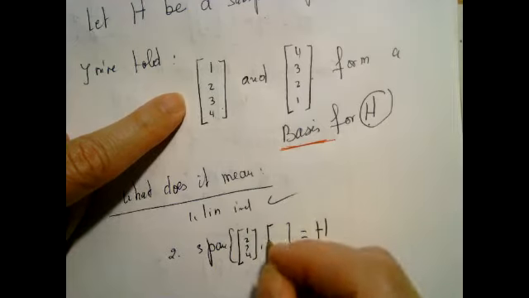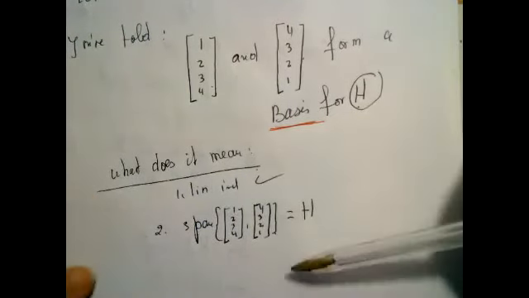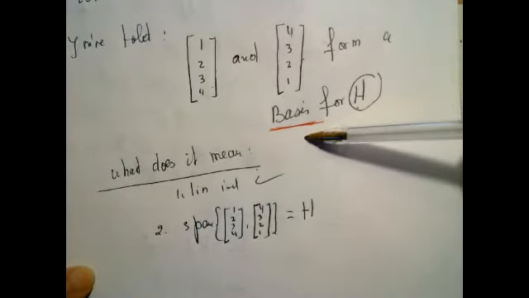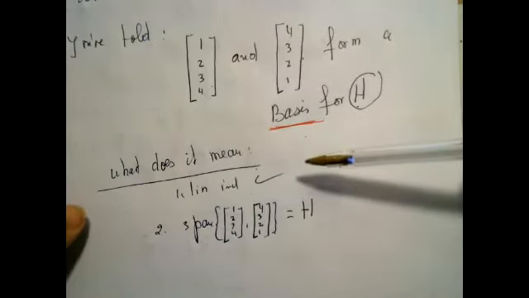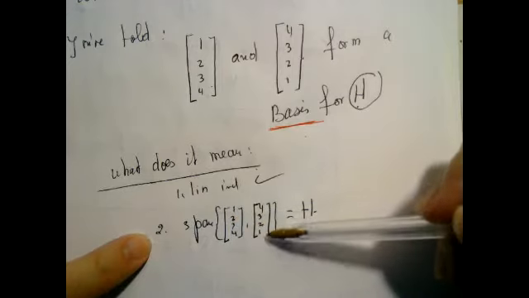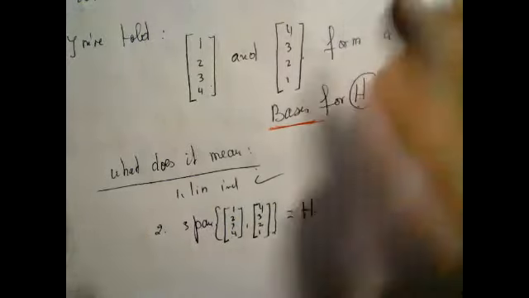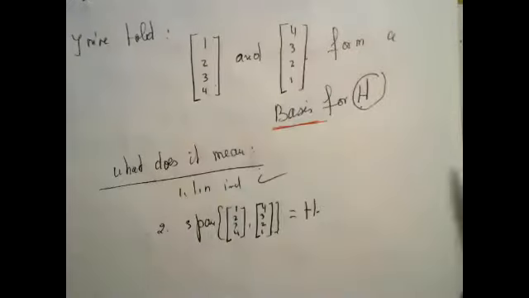Everything in H is nothing more than a linear combination of them. That's the crucial idea. So what does it mean that it's a basis? It means they are linearly independent, and everything in H is obtained as a linear combination. That's what H is. It's a combination of those two.